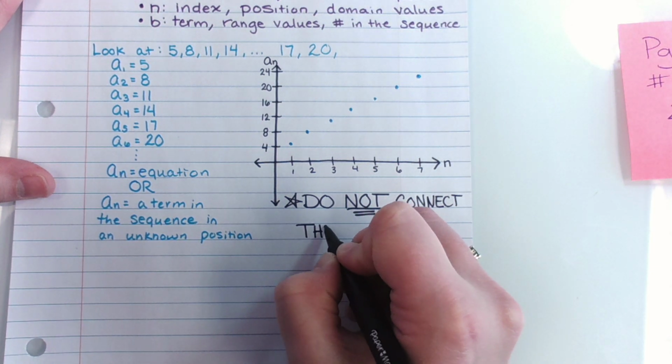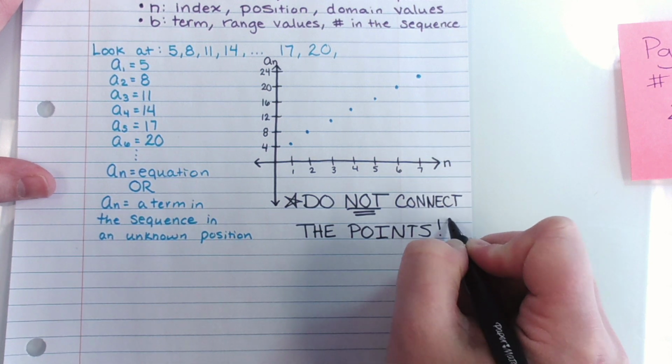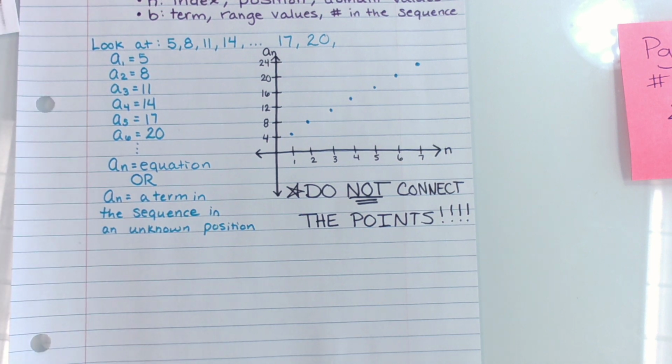Do not connect the points. If you were to go through and connect these points, what you are saying when you connect points on a graph is that those points are not the only thing in my function.